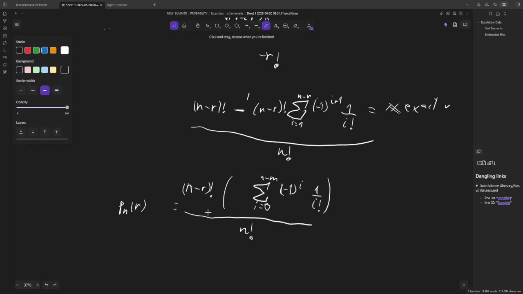Multiplying this by n choose r works fine.